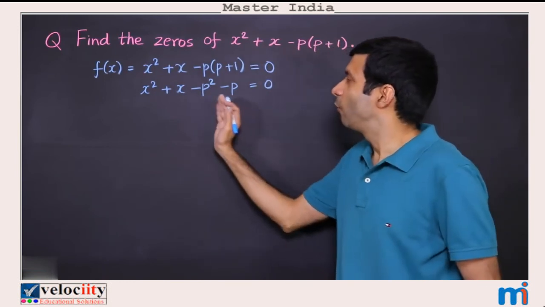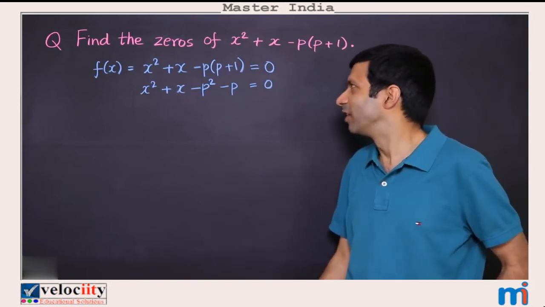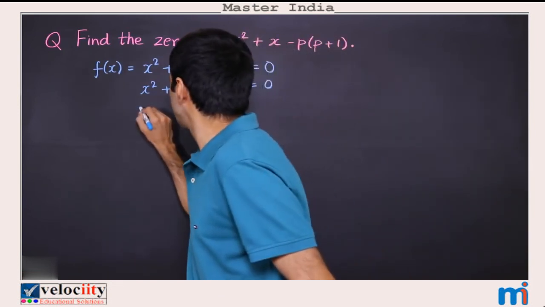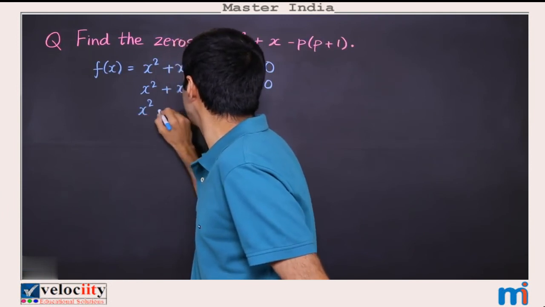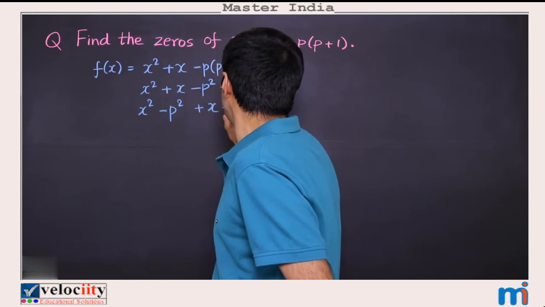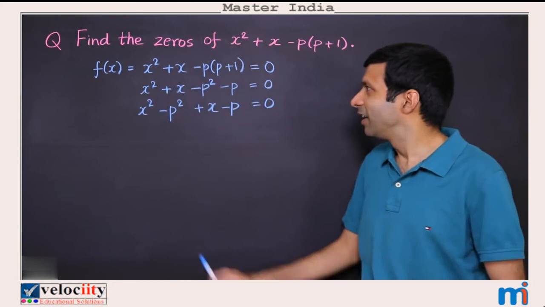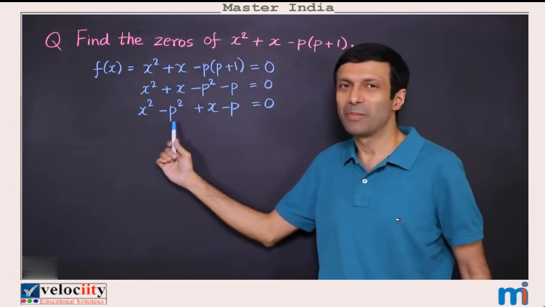So now we need to factorize this to find the zeros of this polynomial. Let's take the square terms together. So it's x square minus p square plus x minus p. We are doing this to factorize it. Can you see that form? a square minus b square.